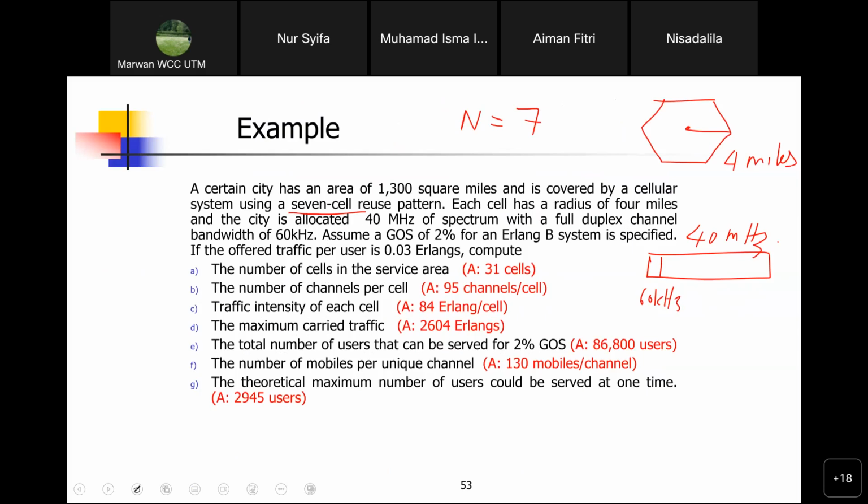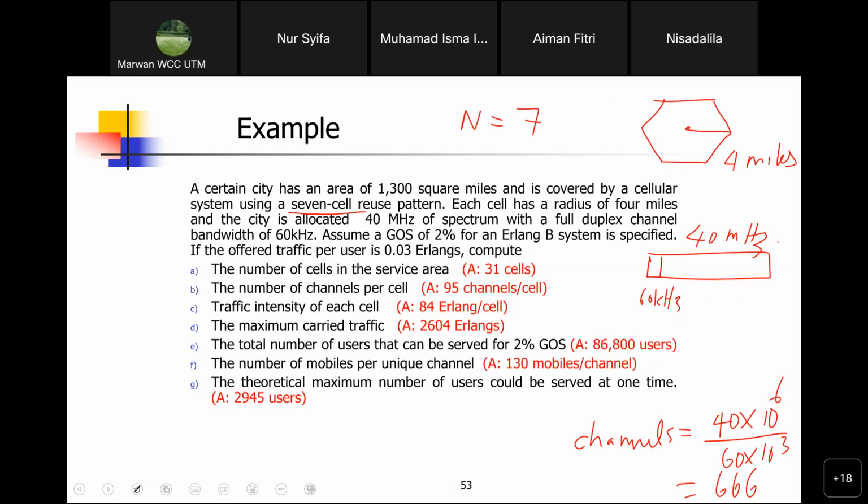The number of channels is 40 megahertz divided by 60 kilohertz. You get 2000 divided by 3, about 666.67. Okay, so the number of channels is 666.